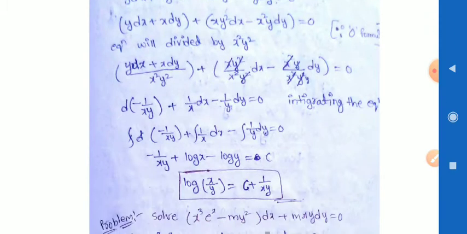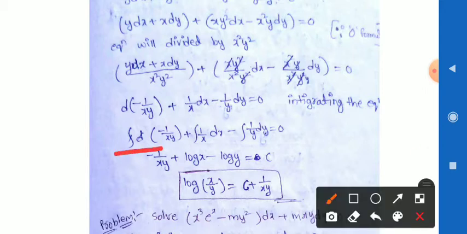Now I am integrating both sides. We get integration d of minus 1 by x plus integration 1 by x dx minus integration 1 by y dy is equal to 0. Here integration and differentiation cancel, we get minus 1 by x, and integration 1 by x dx gives log x, minus integration 1 by y dy gives log y.